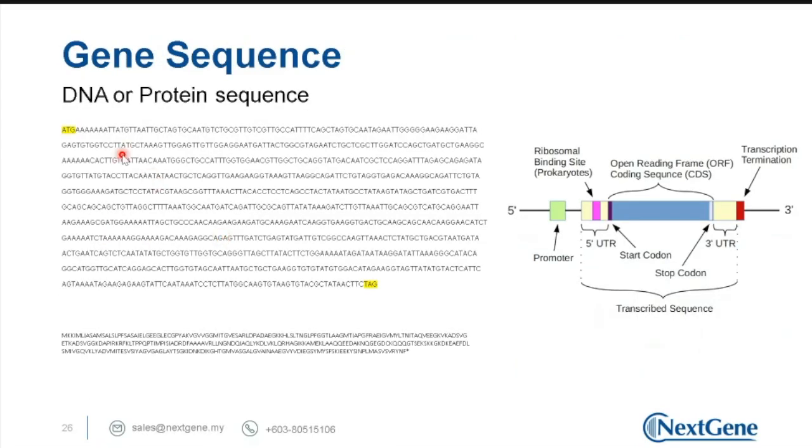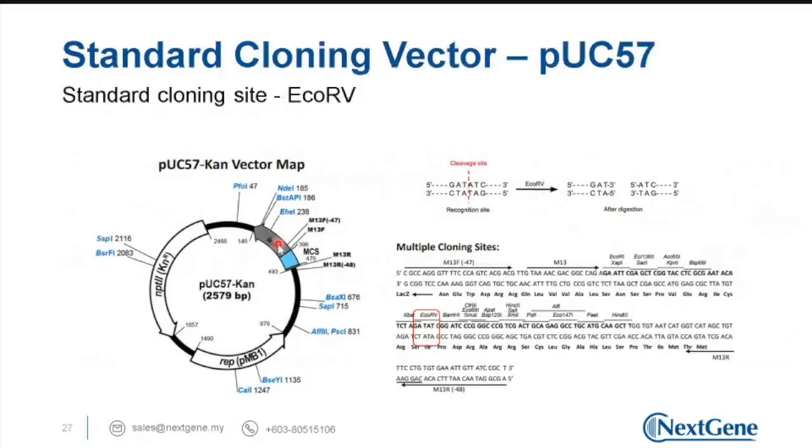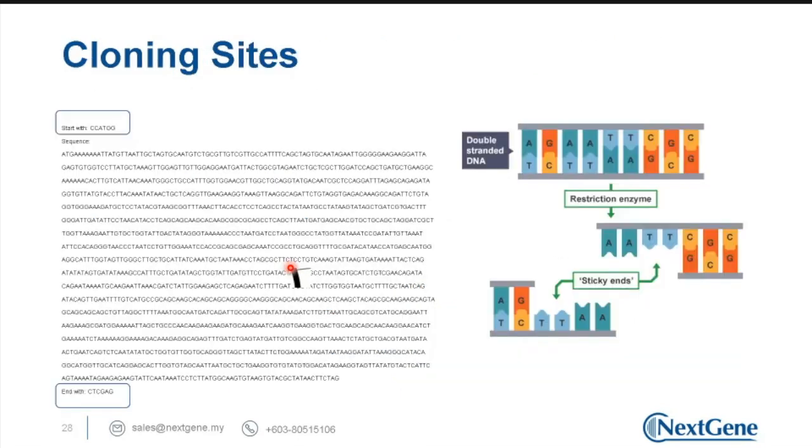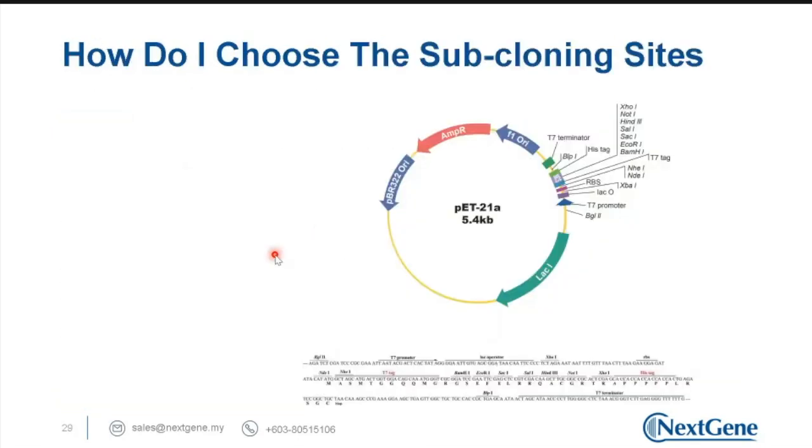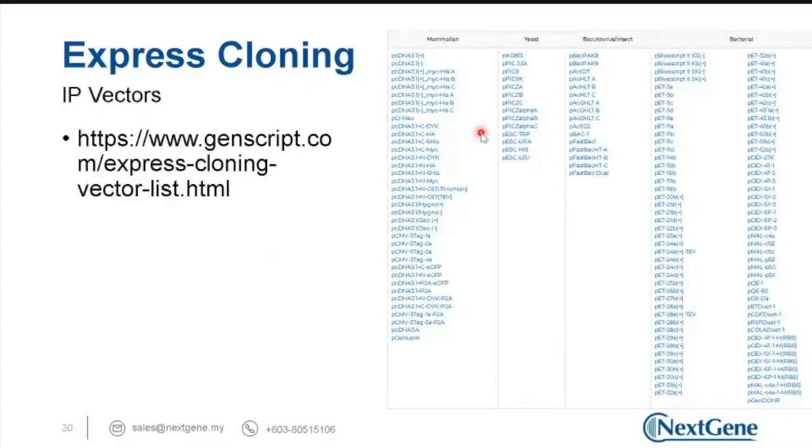So not only do we offer the synthesis of the sequence, which is delivered in pUC57, we can also help the user transfer this gene sequence to a vector of choice. These are the expression vectors at GenScript that we offer; a lot of the time free of charge, but in some cases it is charged, though most of the time it is free.